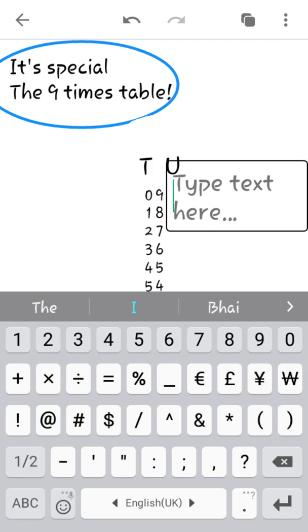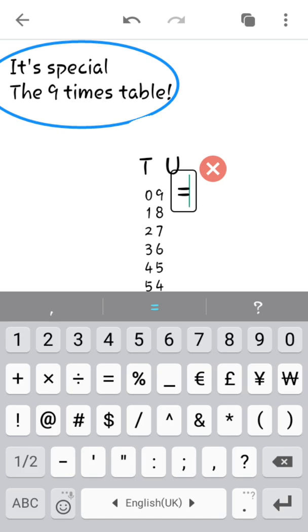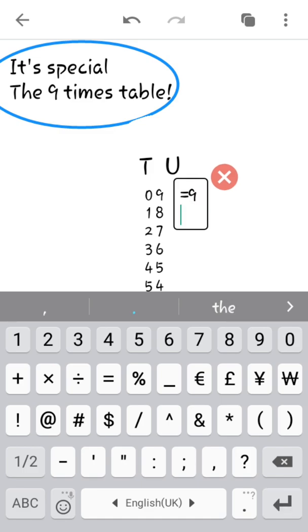So count them. 9 plus 0 is equals to 9. 1 plus 8 is equals to 9. 2 plus 7 is equals to 9. 3 plus 6 is equals to 9.